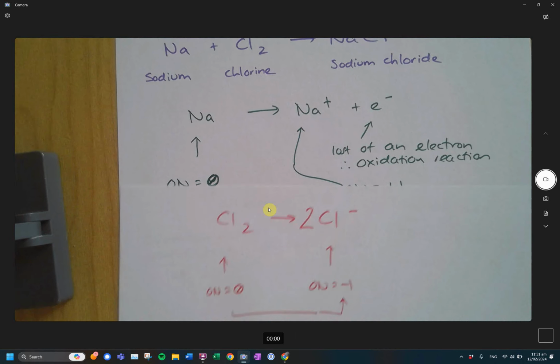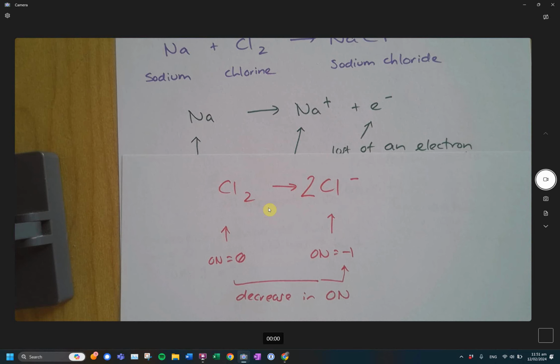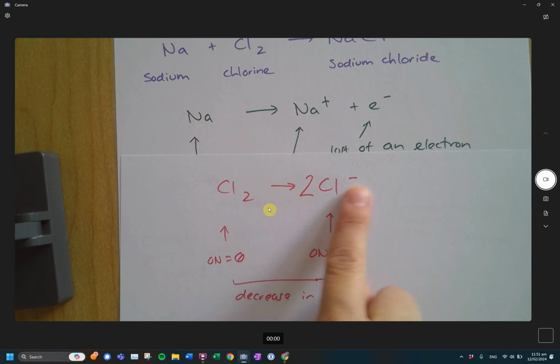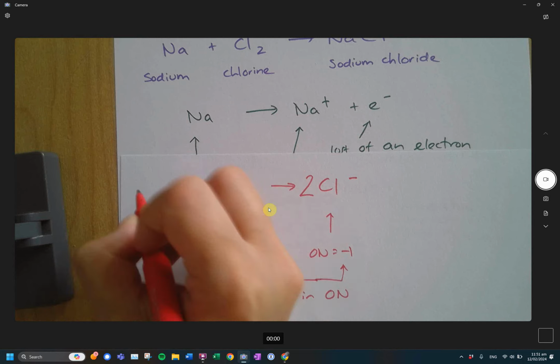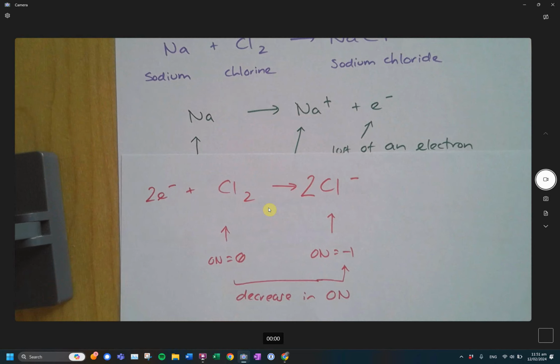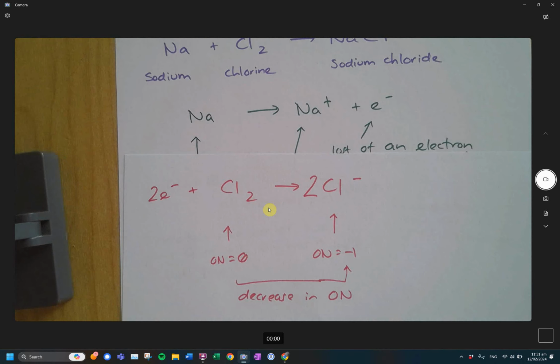The next question then is thinking about how many electrons did it gain or lose. In this case, because we're talking about reduction, we have gained electrons. That's got 2 negative charges, so I must have gained 1 electron for each chlorine atom. That's why I put 2 electrons on that side.